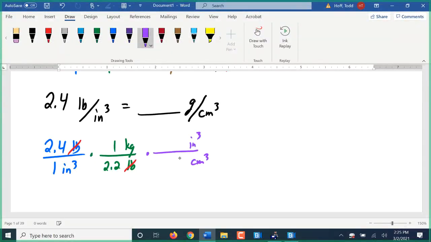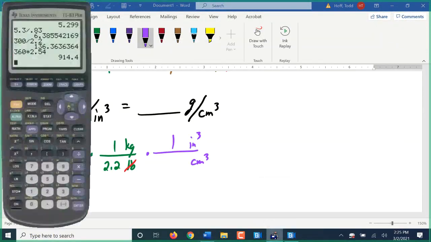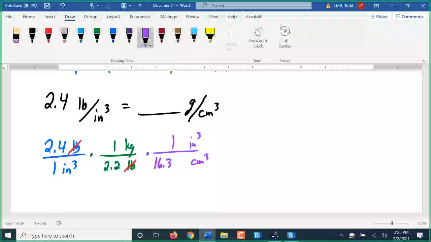But here's the deal. 1 inch is 2.54 centimeters, but I don't know the cubic. So I got to take my linear conversion, my length conversion is 2.54, and I have to cube it. So to the power of 3 gives me 16.387. And we're going to round off those last decimal places.